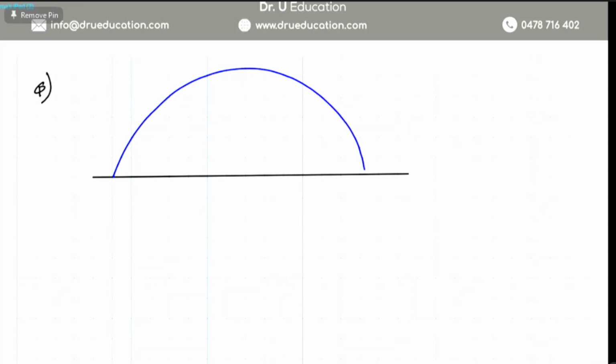Now, think about this question. You have a projectile motion here. This is u. This is theta.